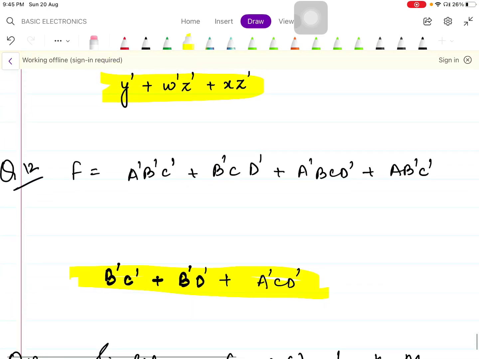Now, another question. This question is not directly in the form of minterms. In fact, this question is now given in the form of an expression. And such type of questions we have already solved when we were solving 2 and 3 variable K-maps. So what you have to simply do, as you can see in the expression, there are four variables available, A, B, C, D. So that means a four variable K-map will be drawn and this question will be solved by a four variable K-map.